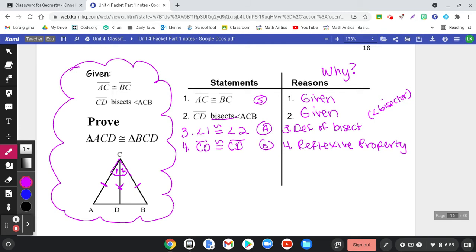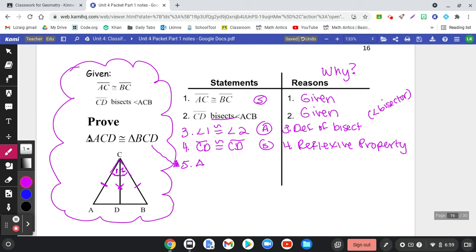All right, so now if you notice, we have side, angle, side is congruent to side, angle, side, so we have met our requirements. So you just write this for your final step, whatever you're trying to prove.